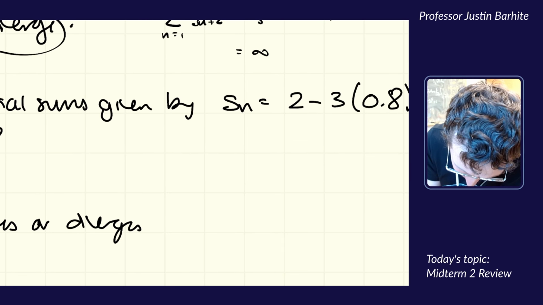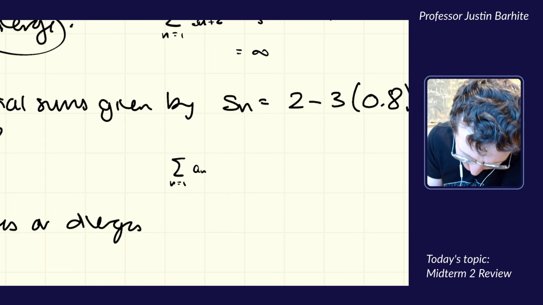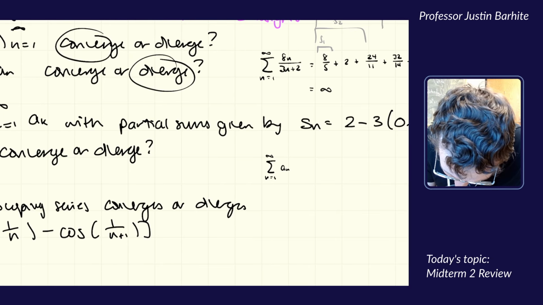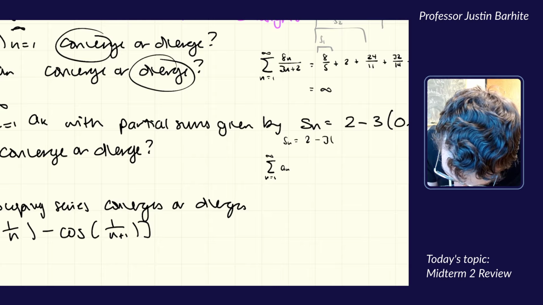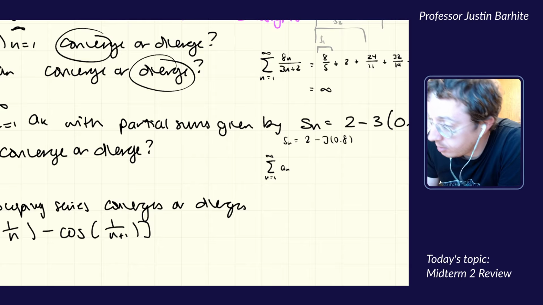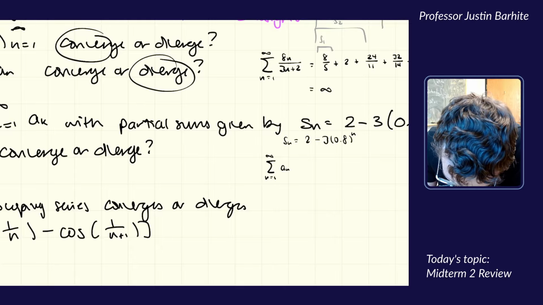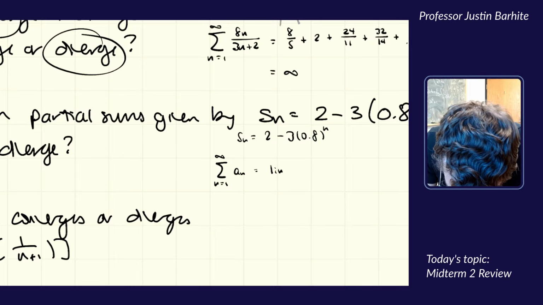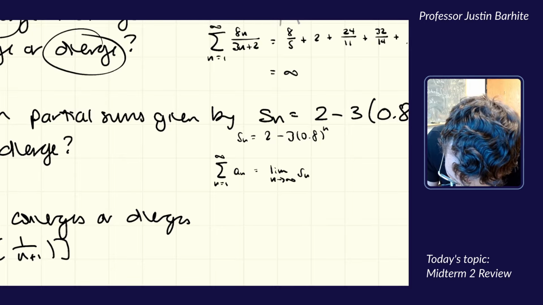The sum of the series, sorry, that's cut off a little bit. It's 2 minus 3 times 0.8 to the n. The sum of the series means the same thing as the limit of the partial sums.